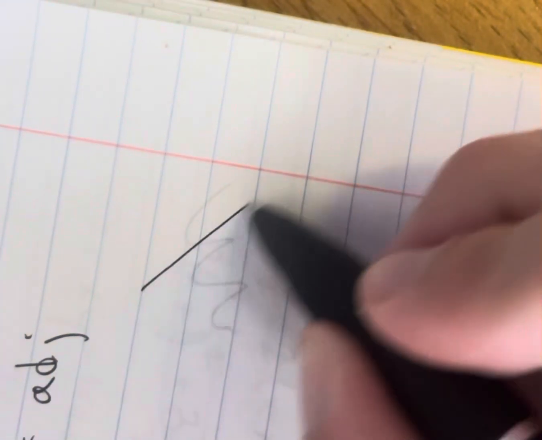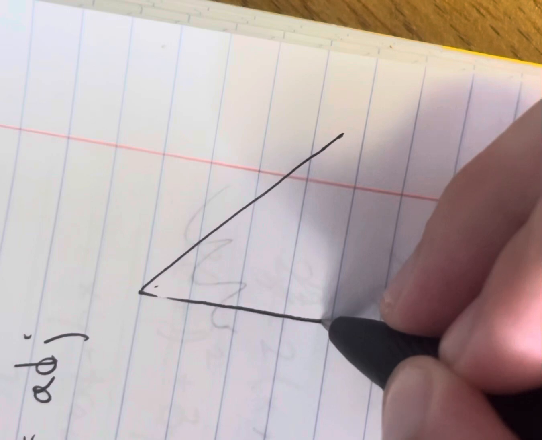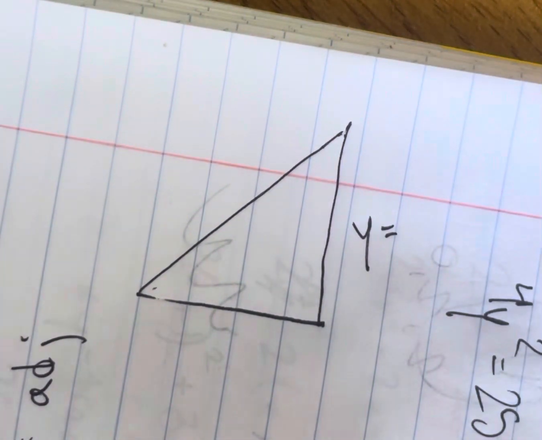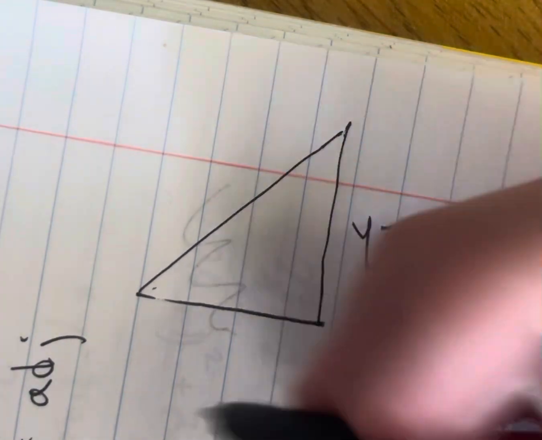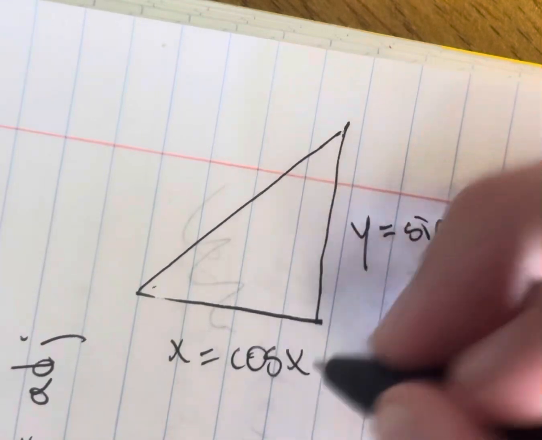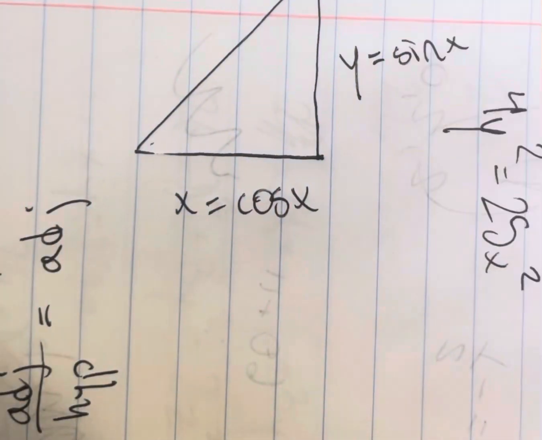And something else that might be interesting to know is if you take that right triangle, imagine we're still in the unit circle here. Like I mentioned, your y is sine of x. Your x is equal to cosine of x. Think about the Pythagorean theorem.